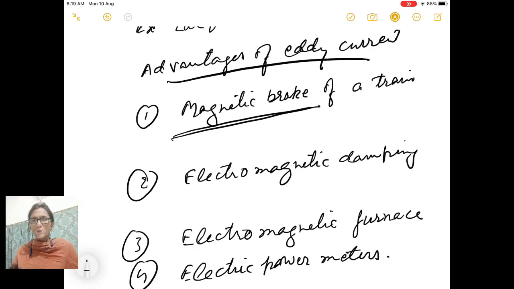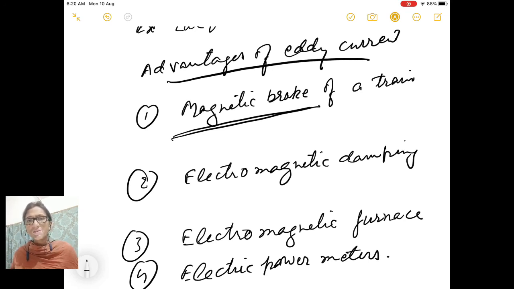There are many advantages too of eddy current. First one is the magnetic brake of a train. When an electromagnet is activated in a fast moving train, eddy current is produced in the rails on which the train is moving, and that eddy current tries to diminish the increasing magnetic flux, and it will create a magnetic field just opposite to the increasing magnetic flux of the electromagnet of the train.